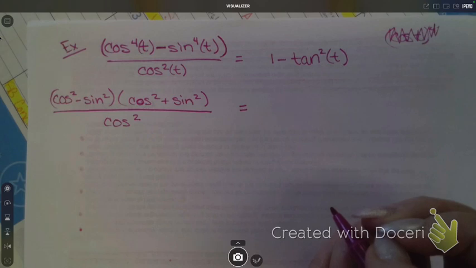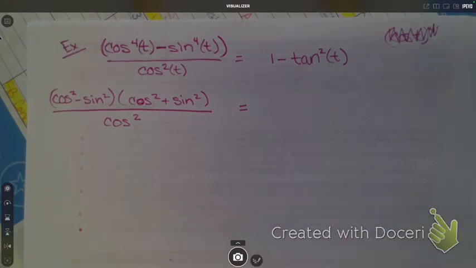Now, do you have anything up there that looks like an identity now? Cosine squared plus sine squared equals 1, doesn't it? Okay.